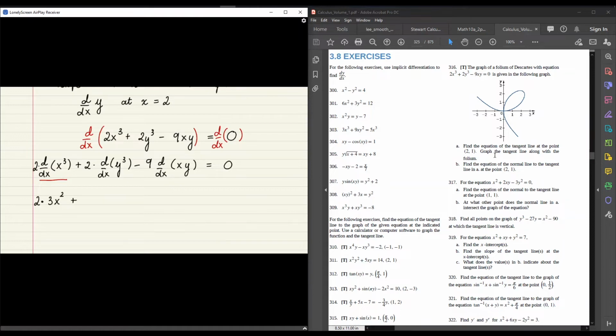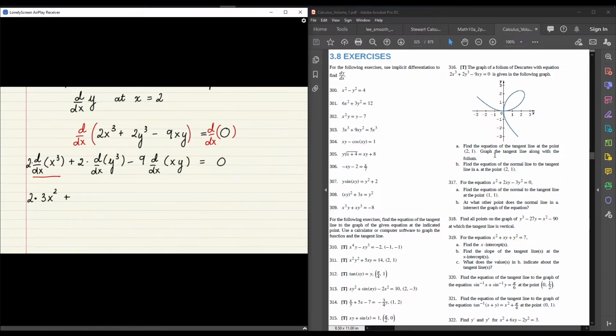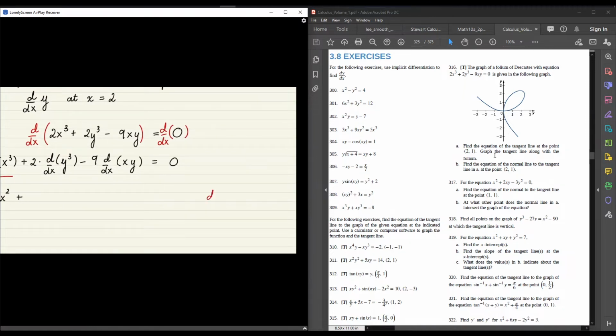Over here, we have the derivative of y cubed with respect to x. Remember, here y is a function of x, so we have to apply the chain rule. So this derivative will be equal to 3y squared.